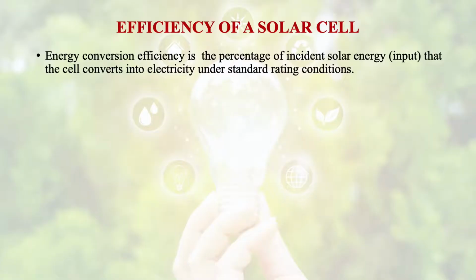Now the efficiency of the solar cell. The performance of the PV can be described in terms of its energy conversion efficiency. This is the percentage of incident solar energy, which is the input energy, that the cell converts into electricity under standard rating conditions.